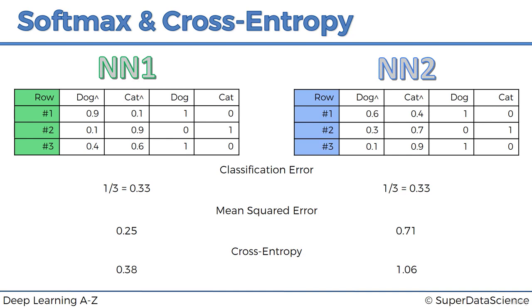But the question of why would you use cross entropy over mean squared error is a very good question to ask. I'm glad you asked it. The answer to that is there's several advantages of cross entropy over mean squared error, which are not obvious. So I'll mention a couple, but then I'll let you know where you can find out more.